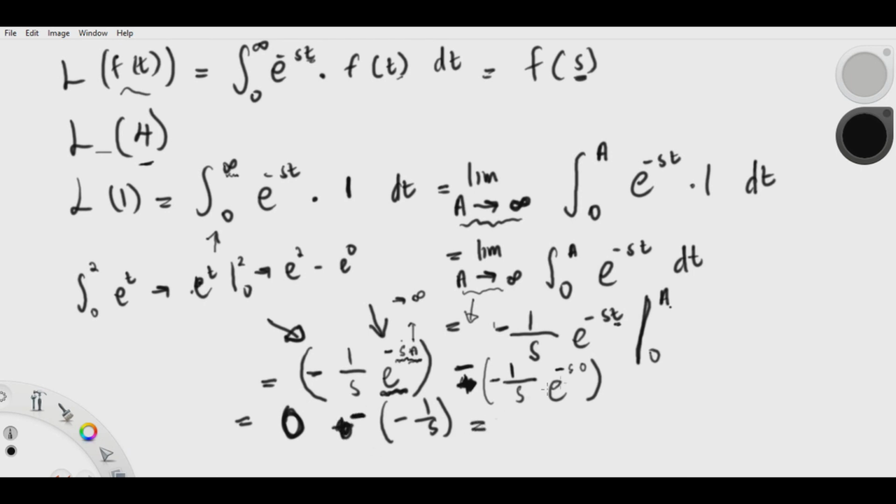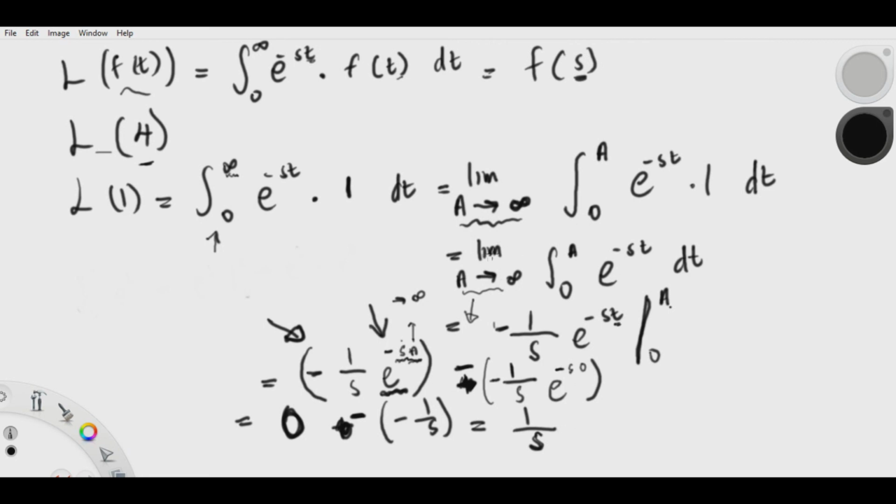So my answer at the end, let me just take this off. My answer here is, plus and plus become positive, so I get 1 over s. So why did I do this with 1?